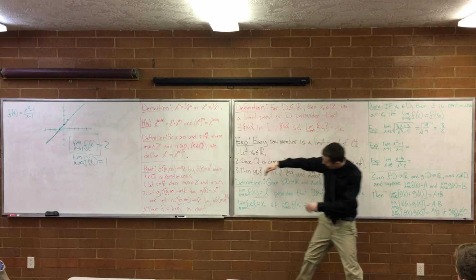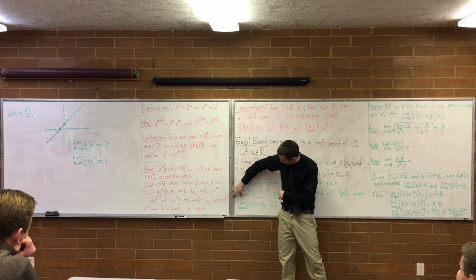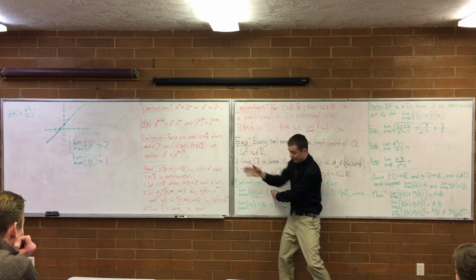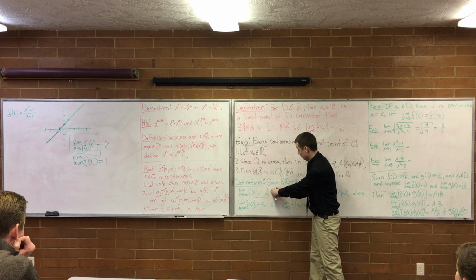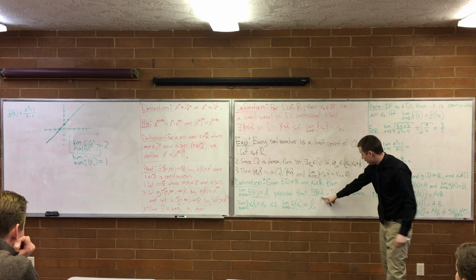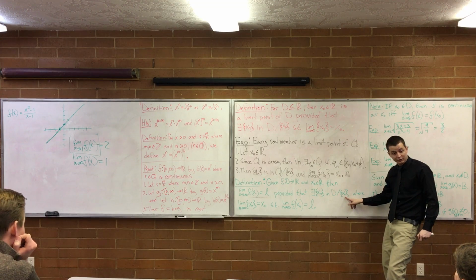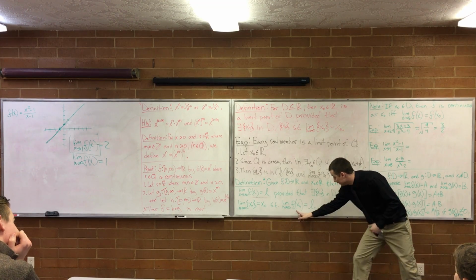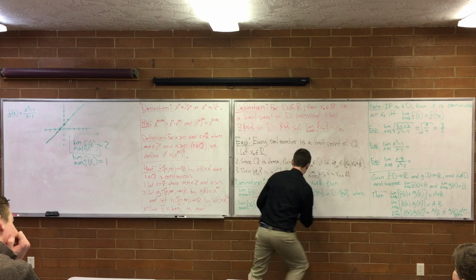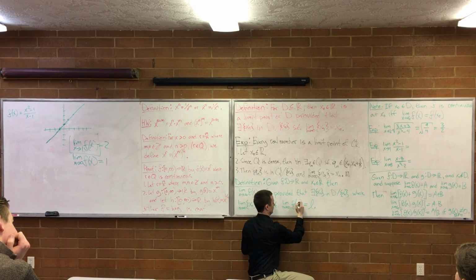In other words, if I know that the limit as x goes to x naught of f of x equals L, if I know this, then what do I know? Then I know that there is some sequence in the domain that doesn't include x naught, such that the limit, sorry, how do we normally write this one? Like that?